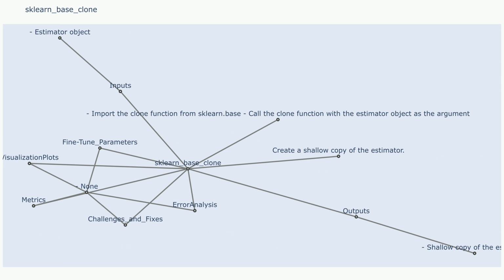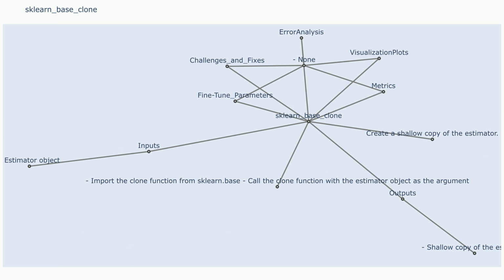Inputs. Estimator. An instance of an estimator object, e.g., a classifier or regressor that you want to clone. Outputs. Cloned estimator. A new instance of the estimator, completely independent of the original estimator. Any changes made to the cloned estimator will not affect the original one.